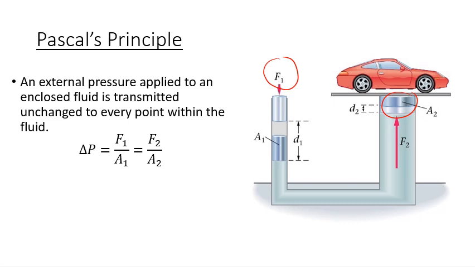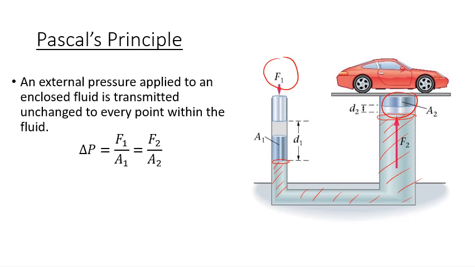So if you have two different cross-sectional areas over here, you can use it as a hydraulic lift. In the hydraulic lift, you have it filled completely with a liquid over here, and you can see the cross-sectional area at this end and the cross-sectional area at this end are different, and the pressure is given by force divided by area.